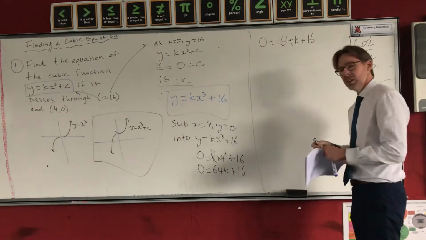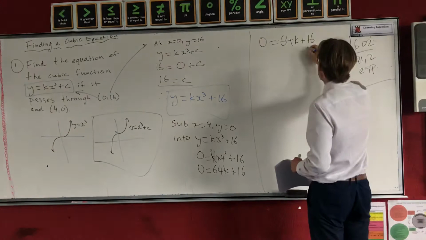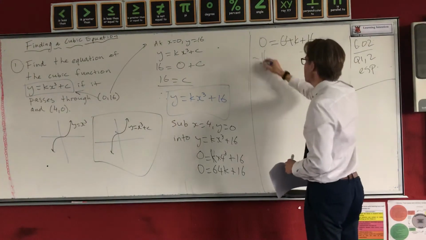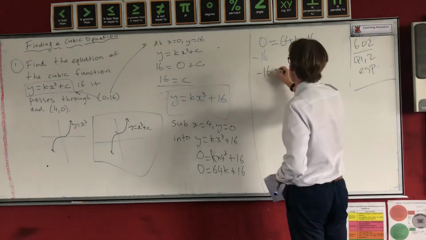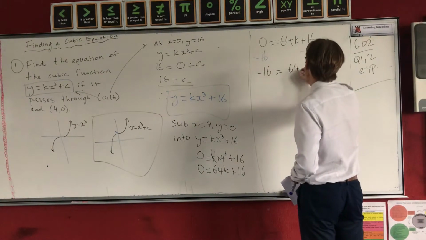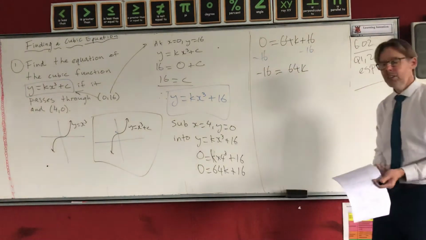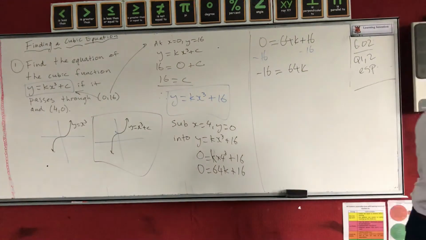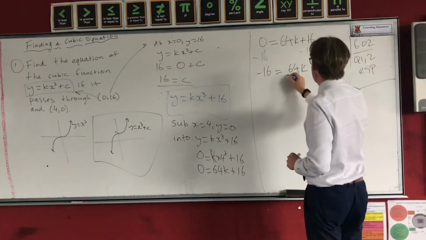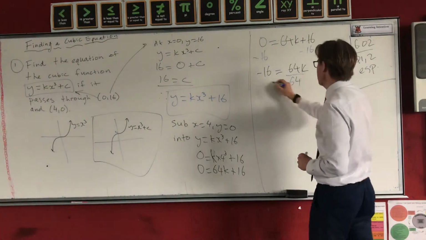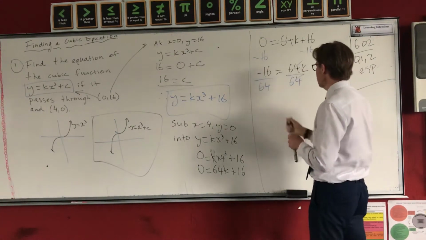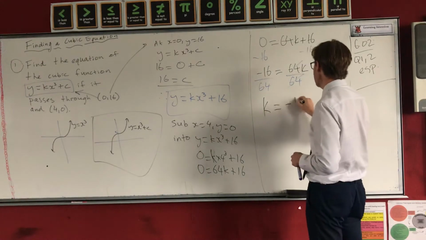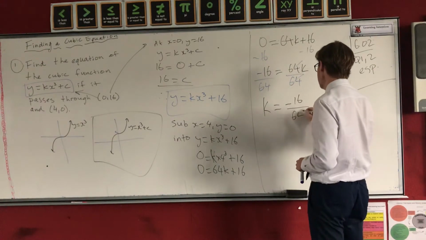We take 16, that gives you negative 16 equals 64k, and then divide both sides by 64. So k equals negative 16 on 64.